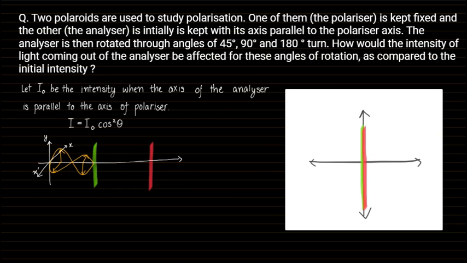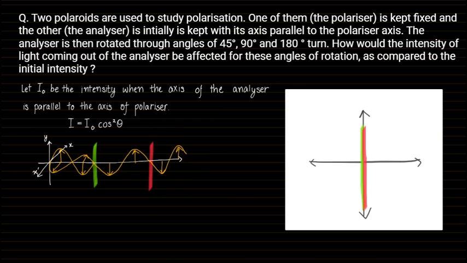Now your light is polarized by your polarizer along one direction, along the y-axis. Since the analyzer and polarizer are kept parallel, there is no angle between them, so all of the light which was coming in will be coming out of this analyzer.